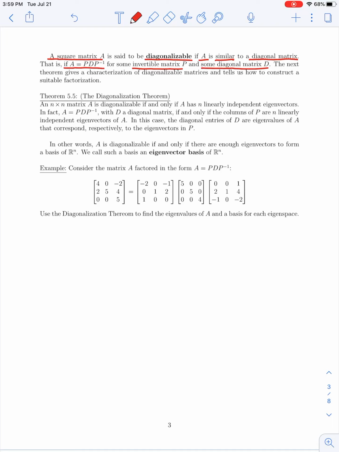So the following theorem will give us a characterization of diagonalizable matrices, and it will tell us how to construct such a factorization. So the question is, well, when is a matrix A diagonalizable, and how do we find that factorization P D P inverse?